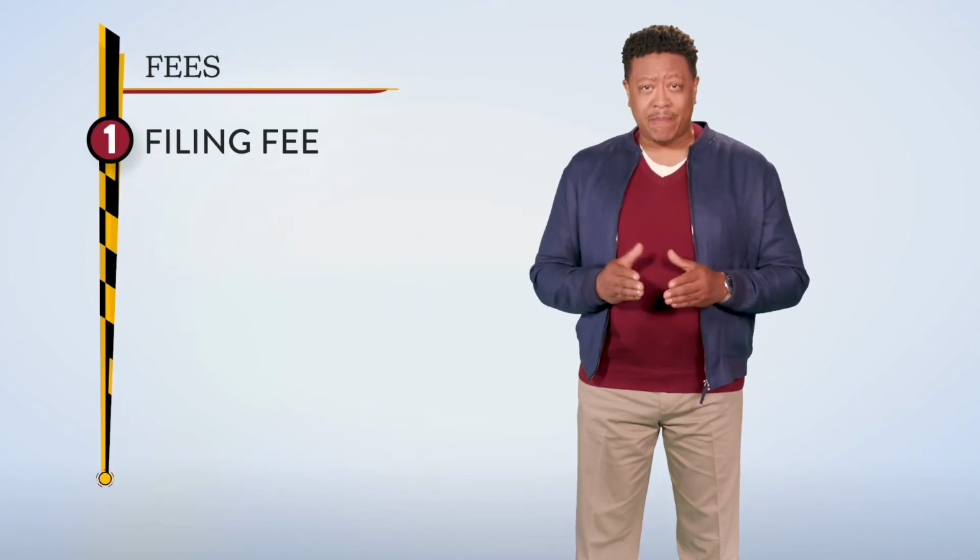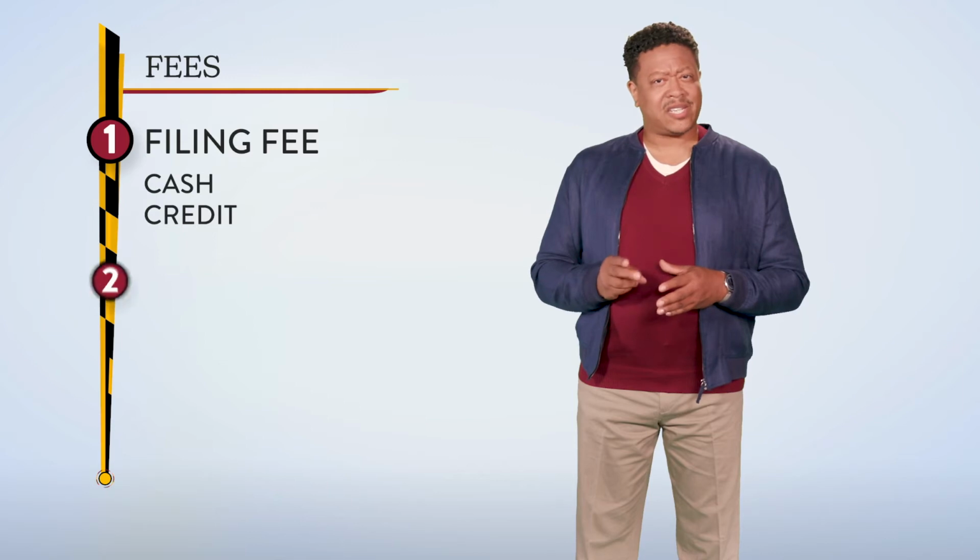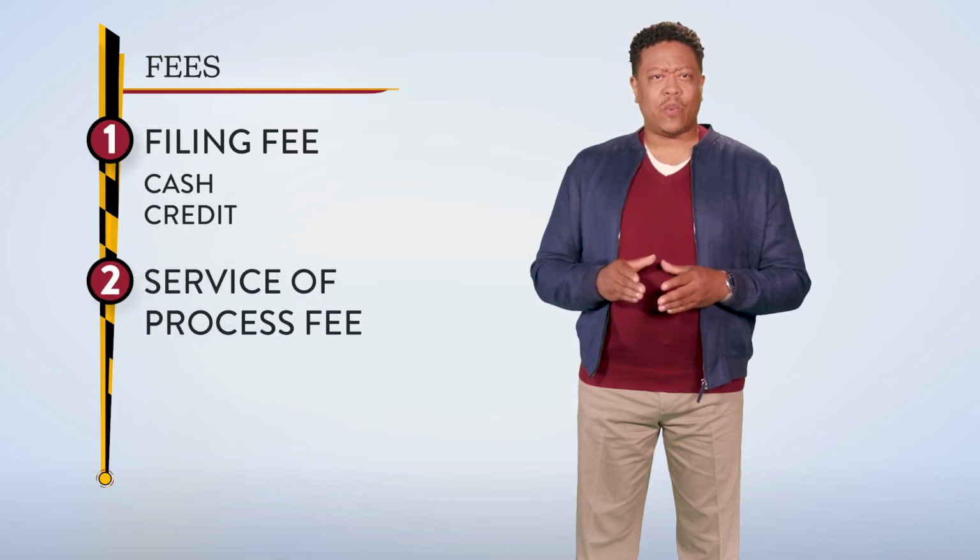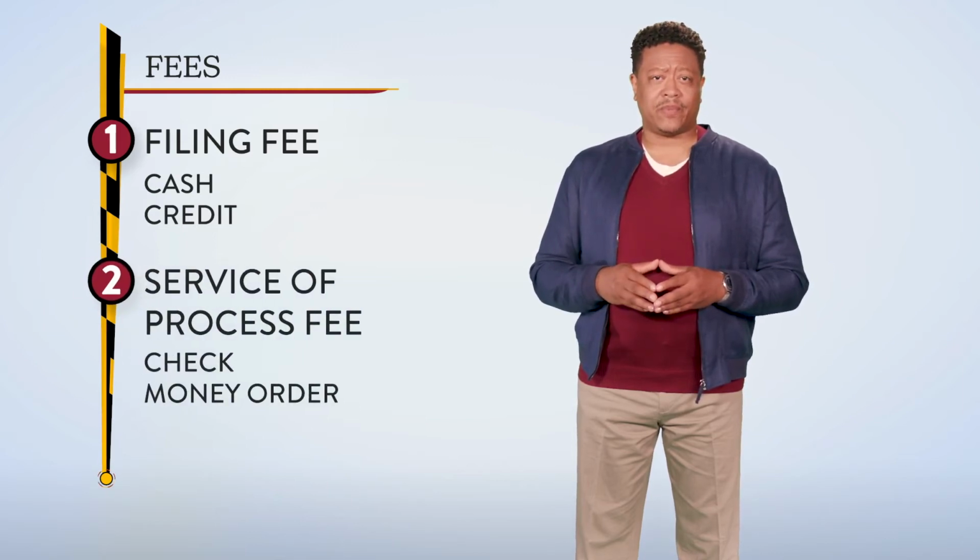Once the form is complete, bring it or mail it to a district court in the county where the property is located. There are 2 fees. One fee to file the form, which may be paid by cash or credit, and a second fee for serving the tenant, which must be paid by check or money order.